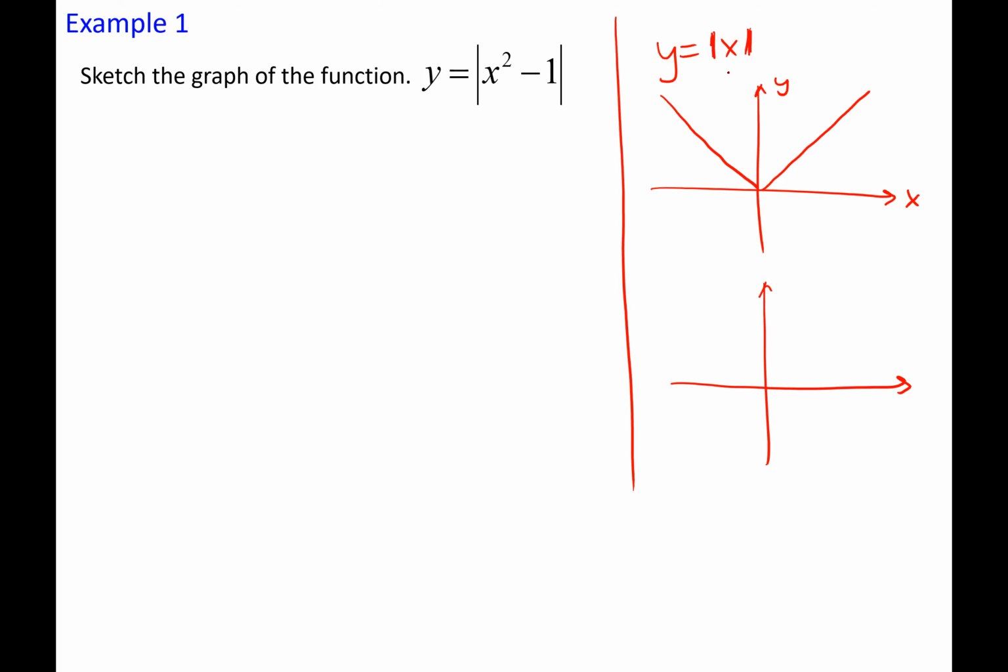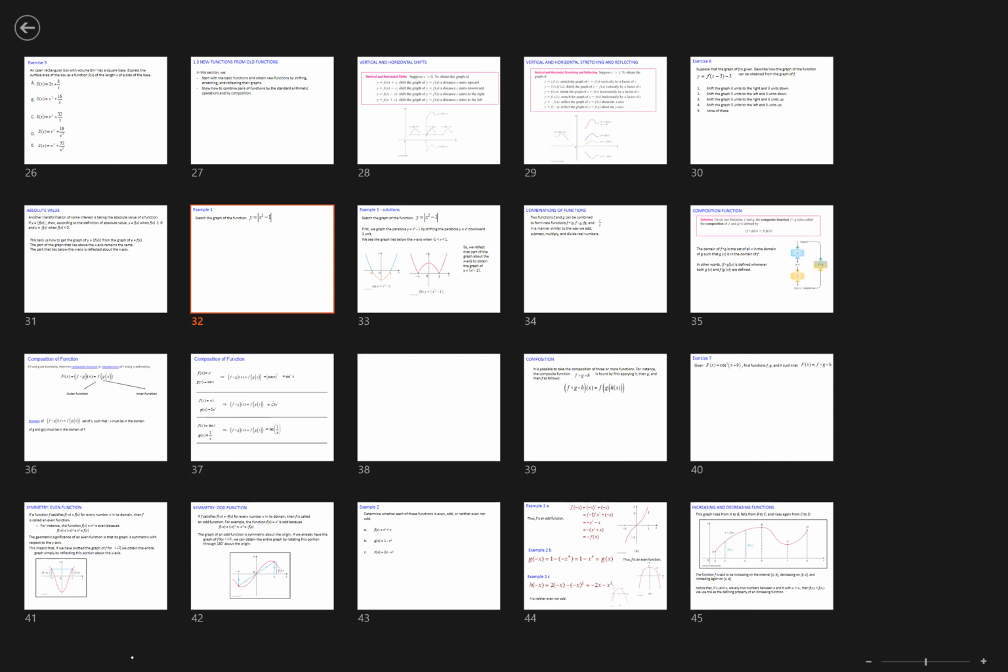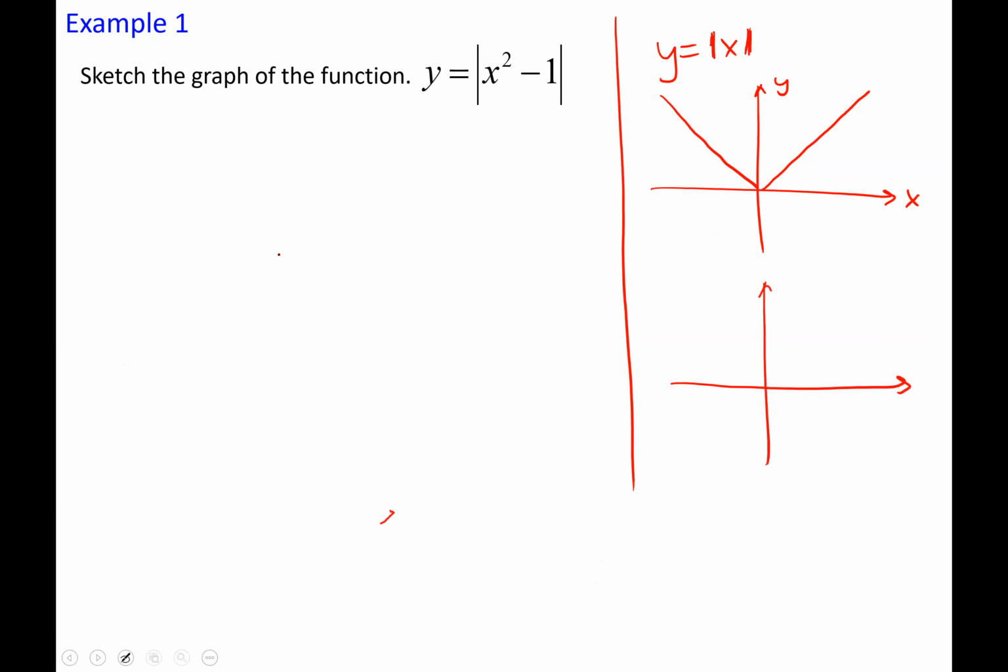That means I can draw the function which is just inside. Here, inside I have just x. X is just the straight line with slope 1. Let me put the axis.